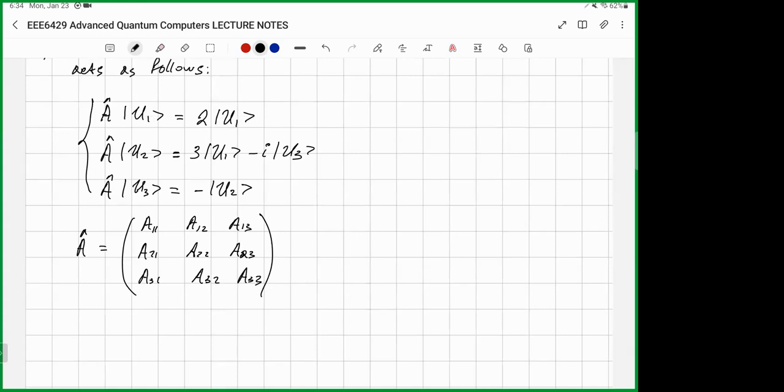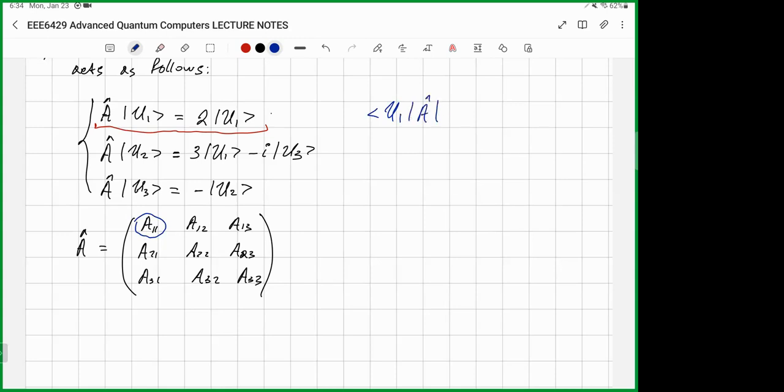Okay, so let's take the first rule from here, right? The first element we want to find is this A11. So we take the first rule and multiply it by u1 on the left.